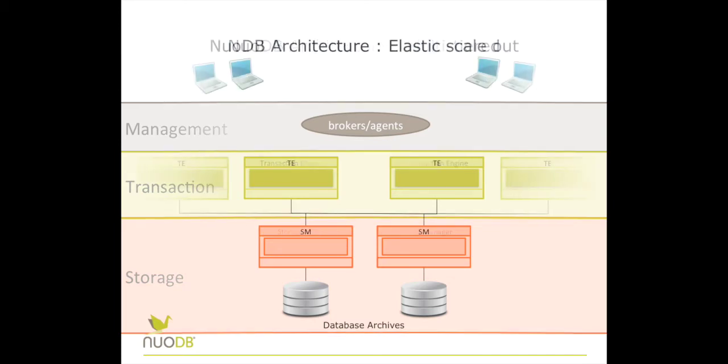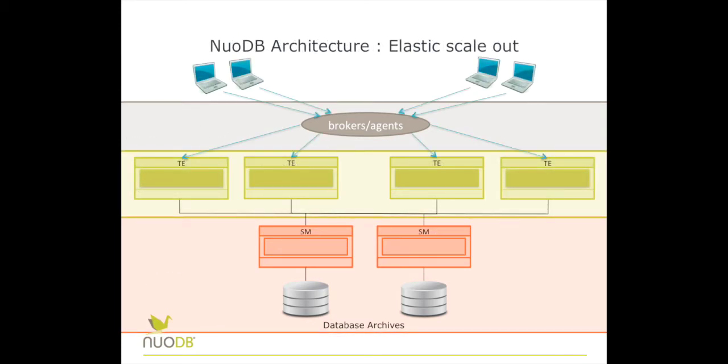And of course, it's elastic. If you need more transaction engines, you just kick off a new one, and it's up and running and taking client connections immediately. It starts to pull the data it needs from the cache in other transaction engines and storage managers in order to deliver for its client connections, and so it's immediately providing additional processing power.